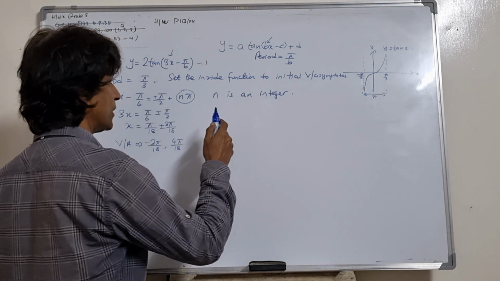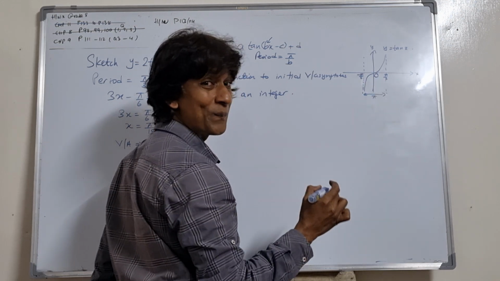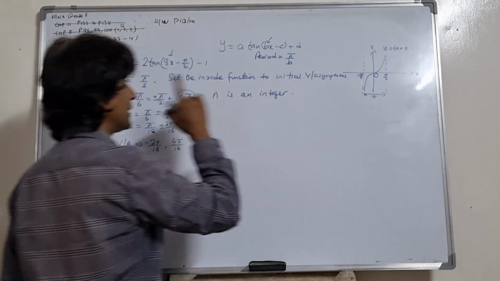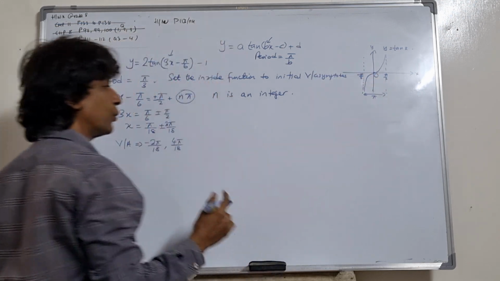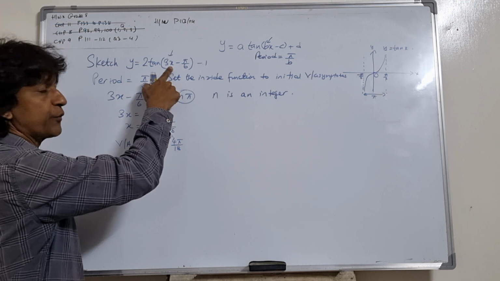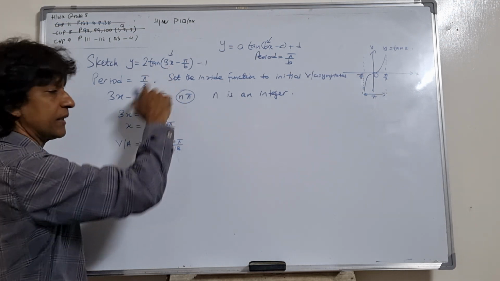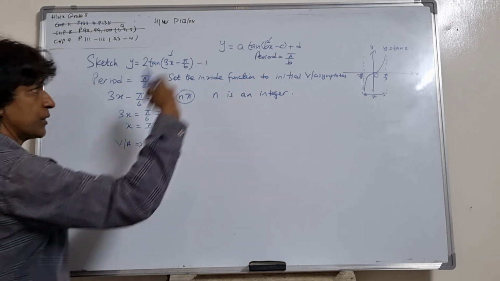But before we go into doing that, remember our initial graph starts here from 0. So this graph here will not start from 0. It will have a phase shift, because look at the inside function, we have 3x minus 5π/6. So that changes the phase shift from 0 to something else.